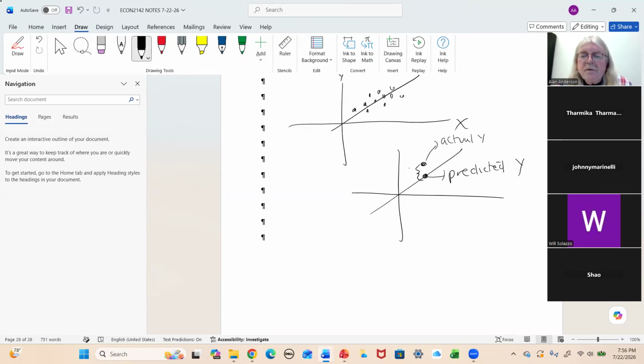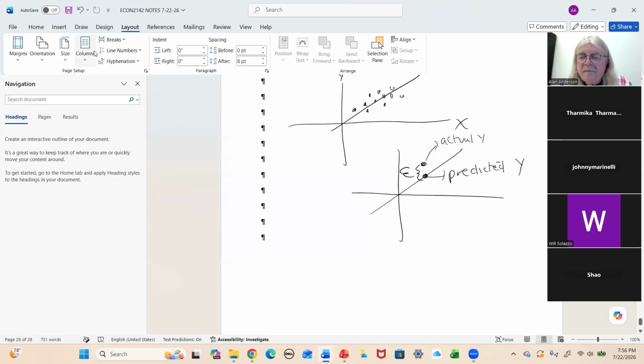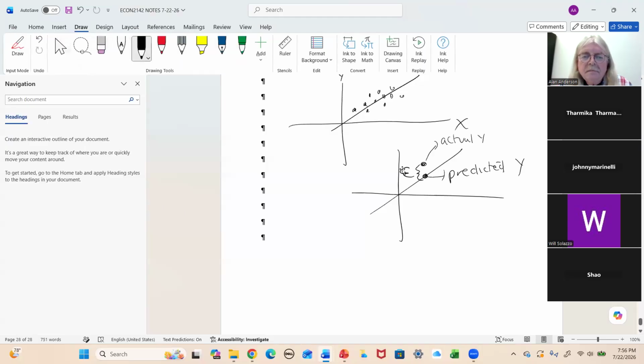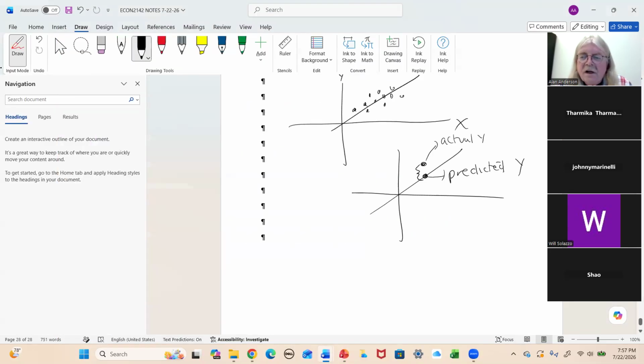And the vertical distance between them is that epsilon that we mentioned earlier. Right here, they want to introduce us to this idea that we're trying to get the points as close as possible to that line.